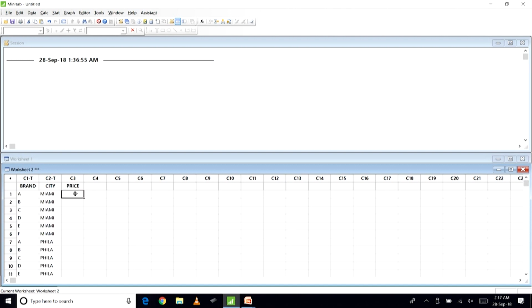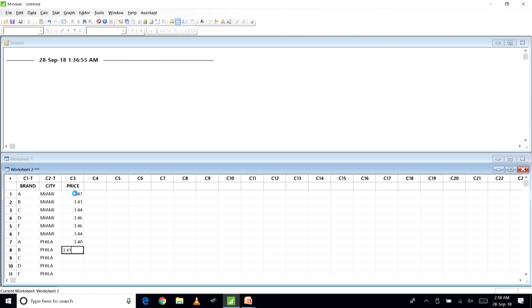Let us write prices over here. So, brand A Miami 3.47, then brand B first city, brand C, brand D, brand E, and the last brand is F, right. So, there are a total of 6 brands. These are the prices of 6 brands in Miami city.